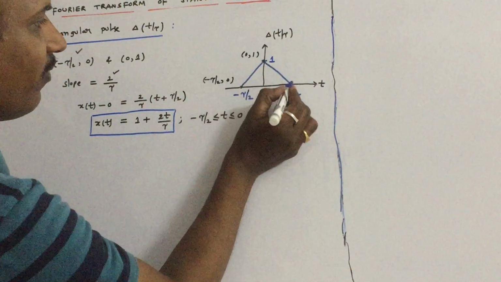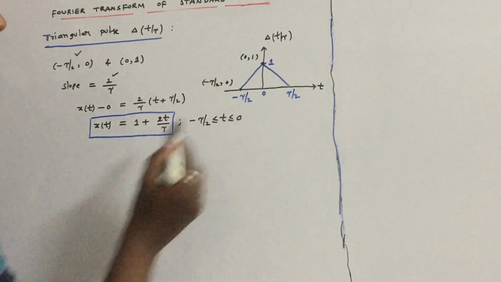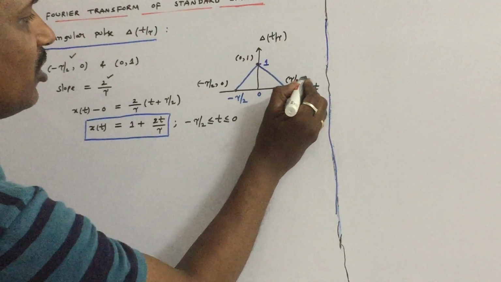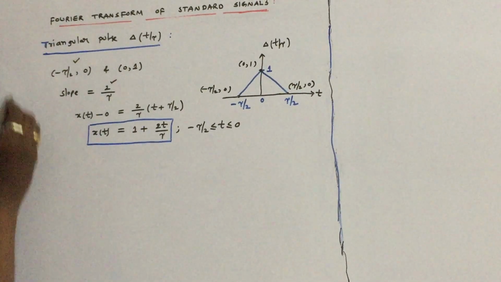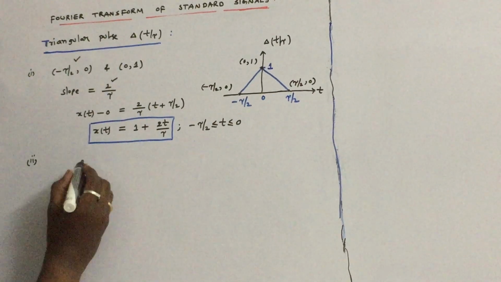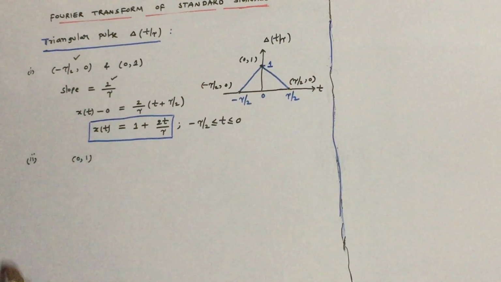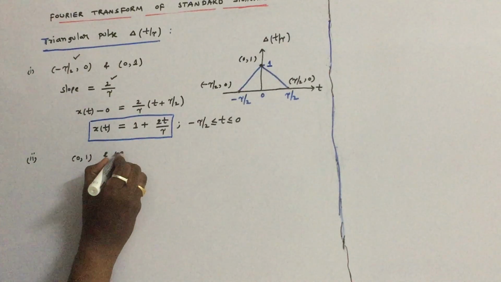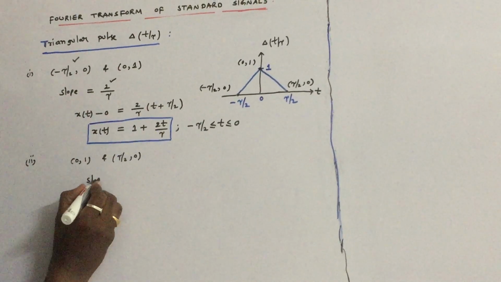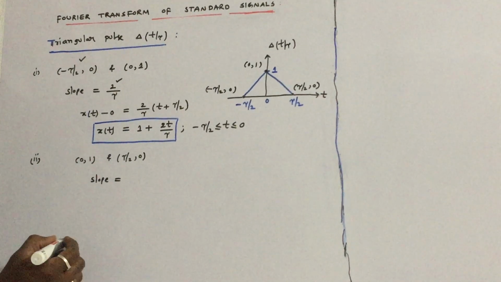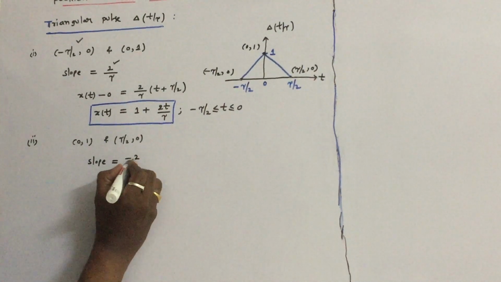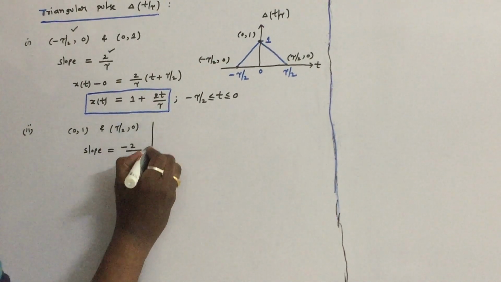Similarly, let us find the equation of this other straight line. I have already written the point 0 comma 1, and the other point is τ/2 comma 0. So what is the slope? 0 minus 1 over τ/2, which becomes minus 2/τ.